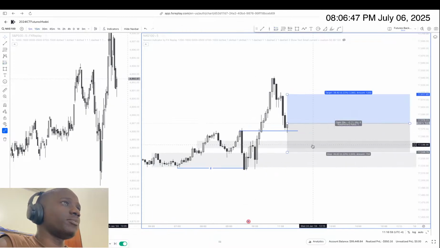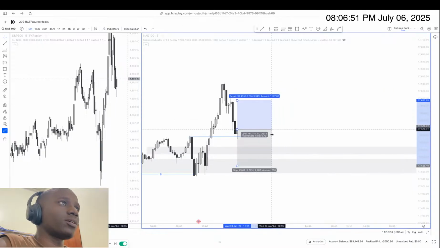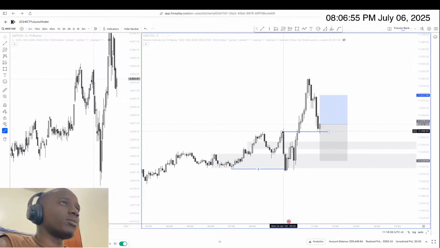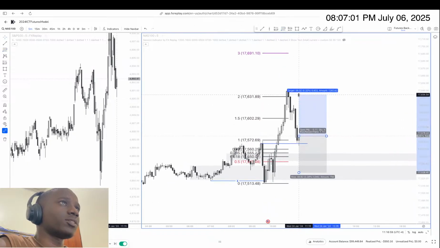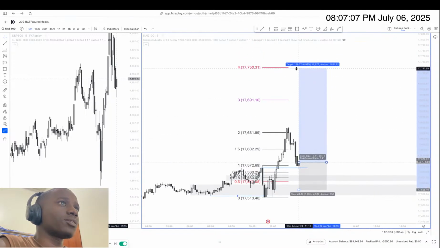And on the 5 minute, obviously my stop will be at these swing lows, and I would most likely use this manipulative move to target highs. So from here to here, I would have our first target here, or even there, or even 1 to 3, somewhere there.